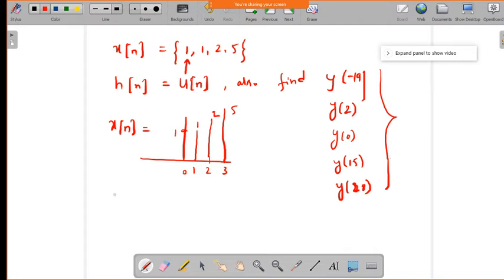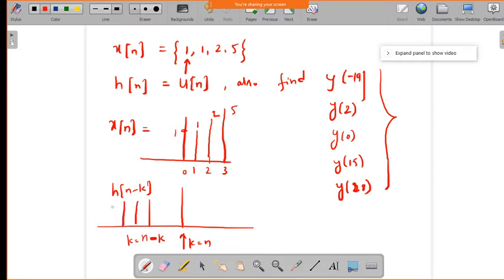And your h of n, you know already, is u of n. So if you directly write h of n minus k, it will be somewhere here where k equals n, and n minus k is some samples shifted.